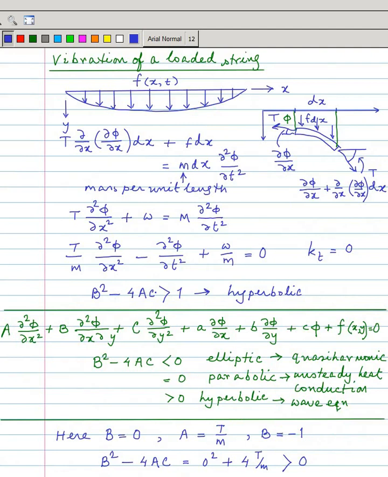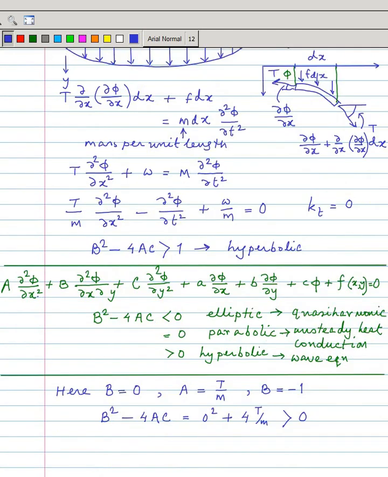So here you see that if you get an equation in this form, a, b and c, then if b square minus 4ac is less than 0, then it is elliptic, and if it is 0 you get parabolic, and if it is greater than 0 you get hyperbolic. So here you compare this term with this term and this term with this term.